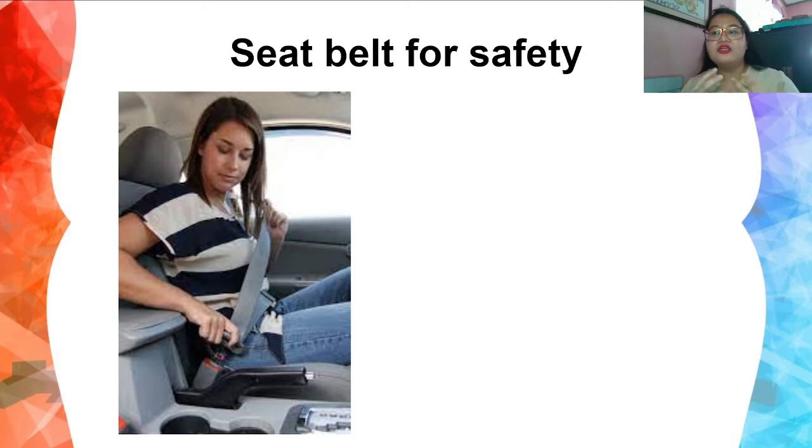Kapag nasa moving vehicle tayo, ang tendency natin, mag-move din according to the direction of the vehicle. Kaya lang biglang huminto. At dahil biglang huminto yung vehicle, ang katawan natin ay hindi biglang hihinto. Kaya mag-move pa rin tayo according to that direction, kaya tayo nag-move forward papunta dun sa driver.